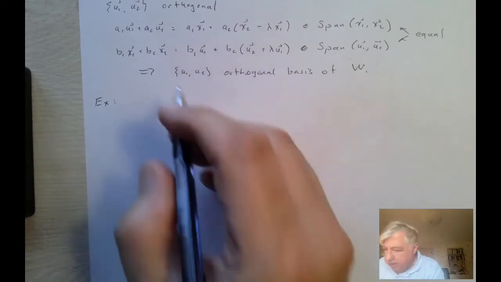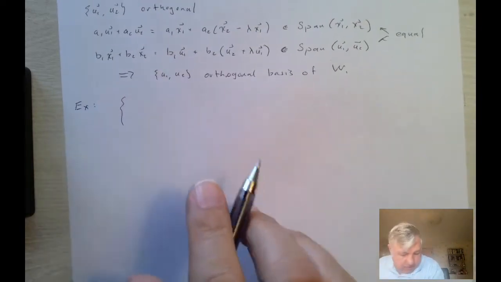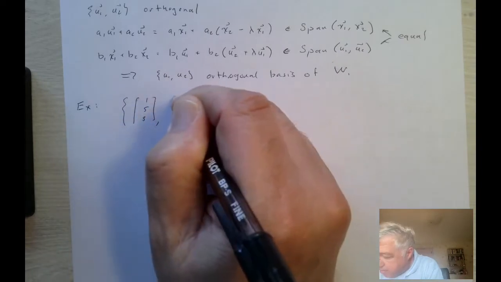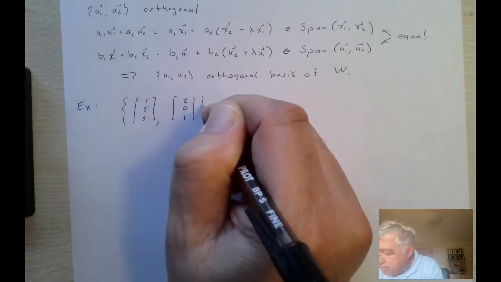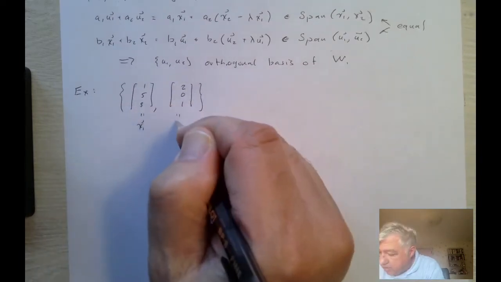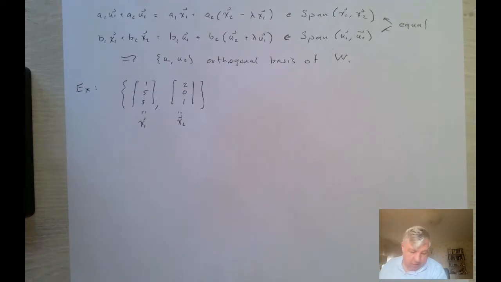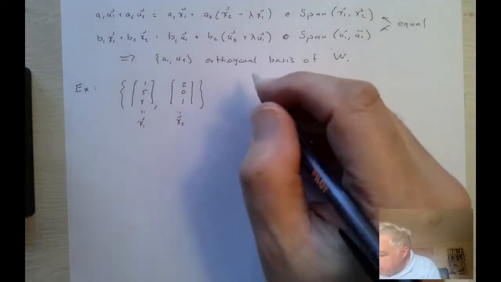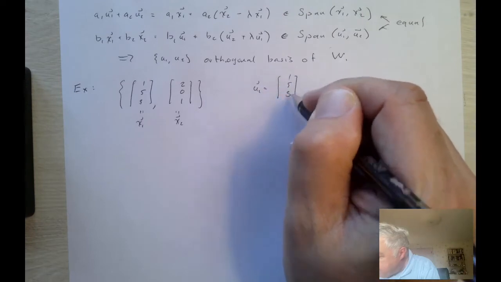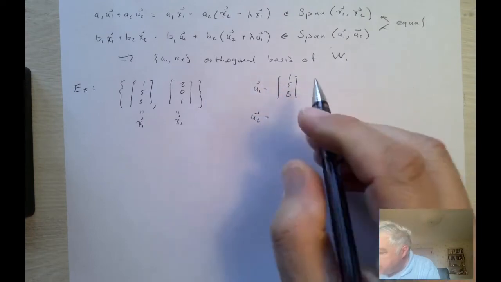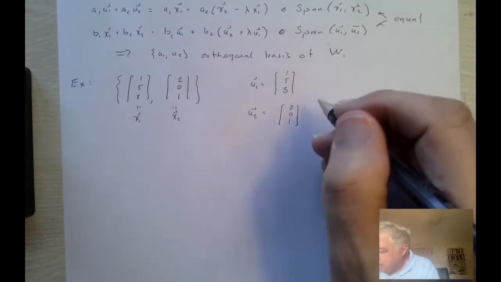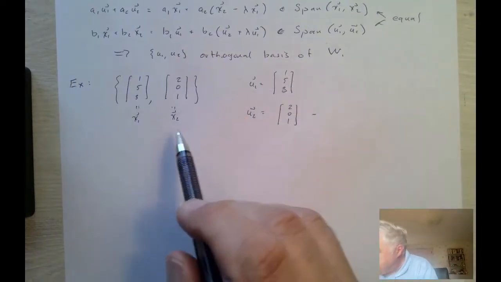Okay, so just maybe as a very quick example of how this would work, let's say that we had the vectors 1, 5, 3 and 2, 0, 1. Let's say this is x1 and this is x2. All right, so we let u1 be just 1, 5, 3, and u2 will be 2, 0, 1 minus the dot product of this and x2.